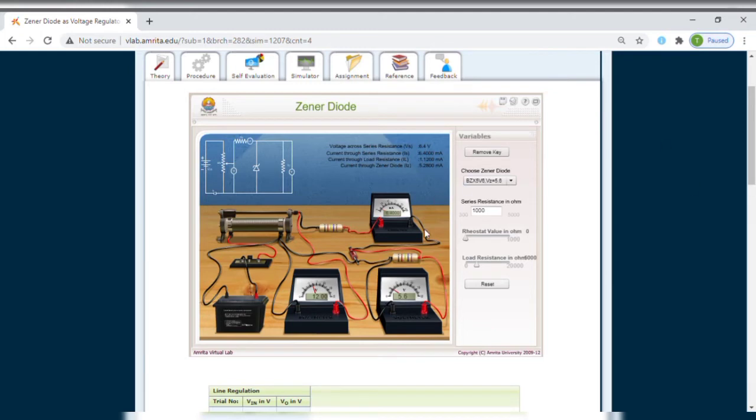And also you can see over here there are 12 volt. This is the voltage in, and here is 5.6 volt, the voltage on the first resistor.